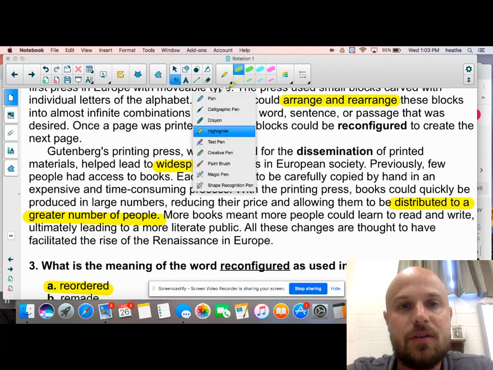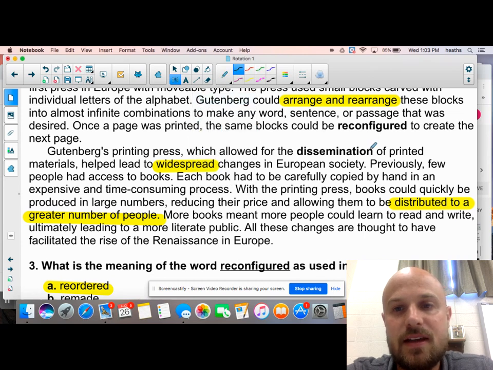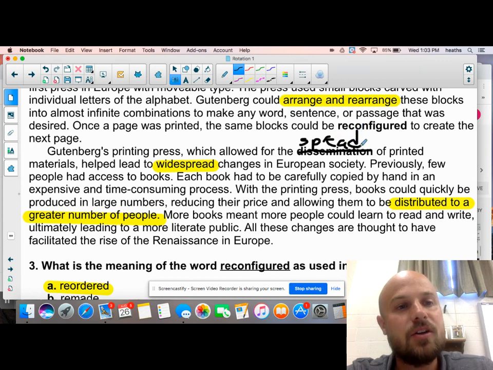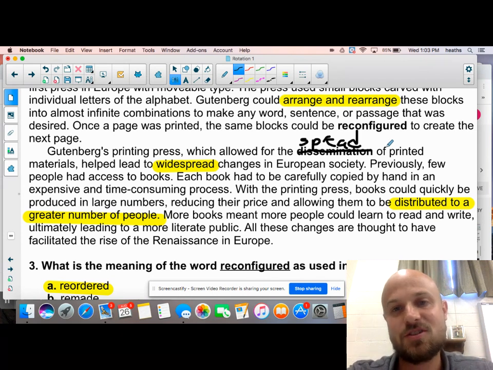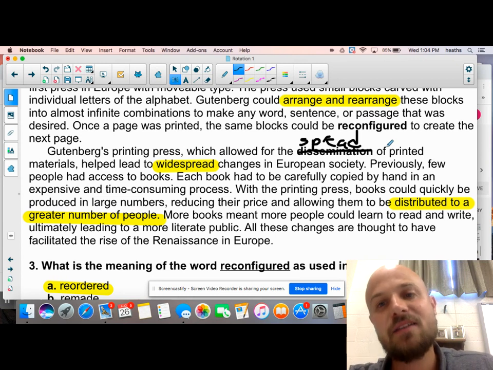Instead of saying dissemination, I'm going to say spread, and I'm writing with my mouse here, so it's probably not going to look very good. Gutenberg's printing press, which allowed for the spread of printed materials, helped lead to widespread changes in European society. That makes total sense. Spread can be plugged in right in for dissemination.